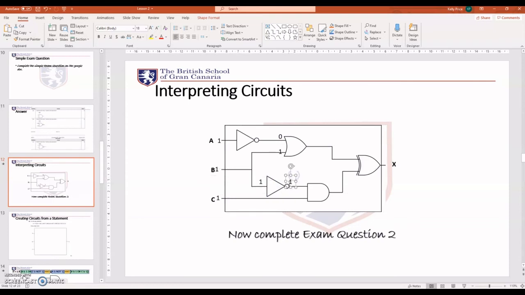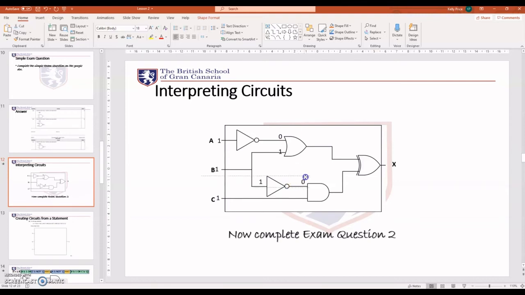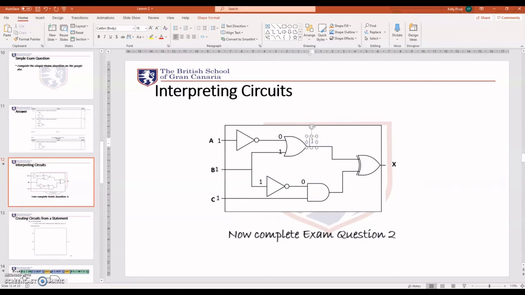Sorry, this isn't ideal, I know. Right, so we know this is a NOT gate. So we know the output there is 0, but we can move this output over here, okay? So now, next, this is an OR gate. So we know this is going to be 1, because only one of the inputs needs to be true to make the output true. So now we've got to figure out our output here.